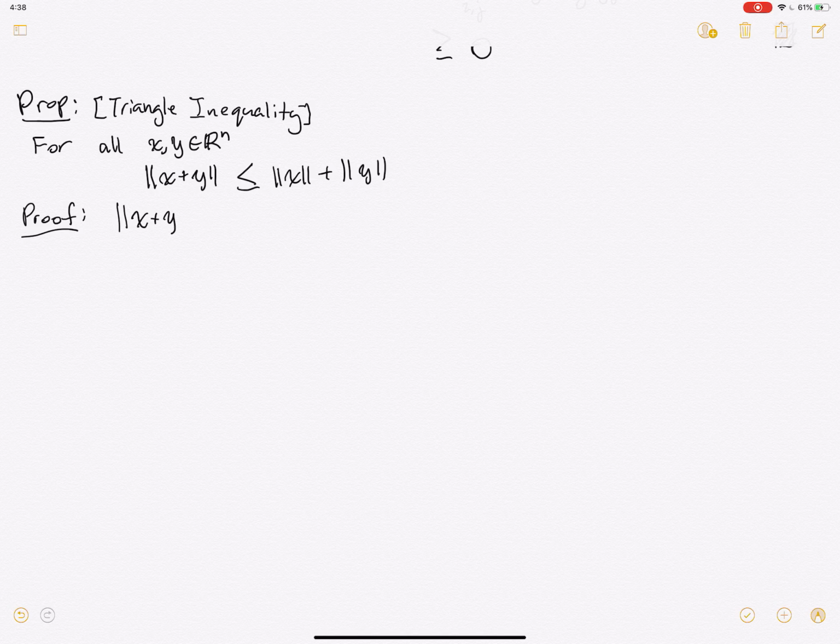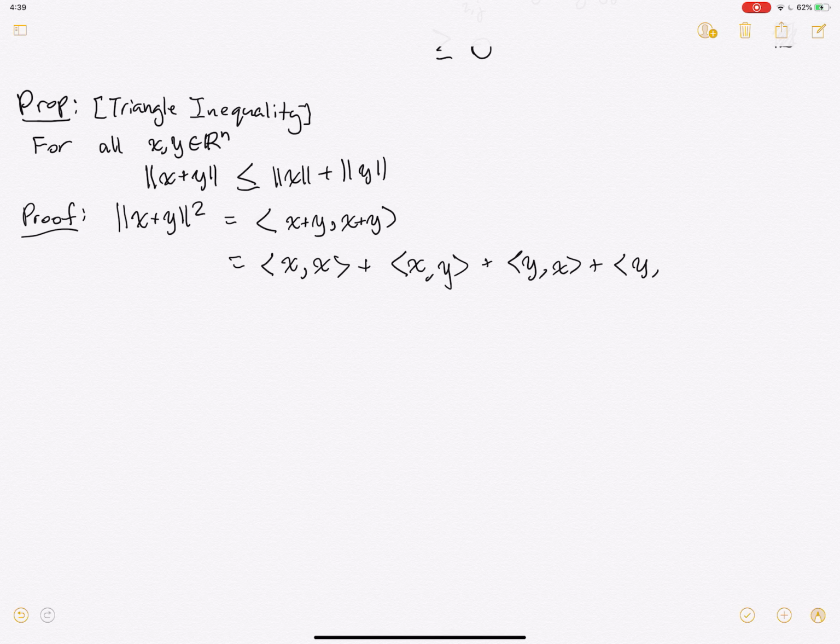The norm of x plus y, squared, is equal to the inner product of x plus y with itself. And that's just equal to, so you multiply the x with the x, and the x with the y, like FOIL: first, outside, inside, last. And the inner terms, y, x, and then the outer terms, y, y.